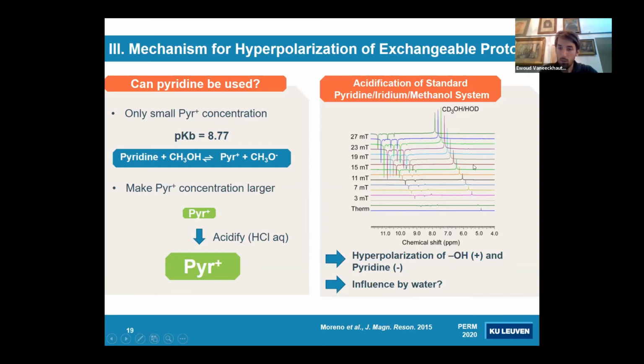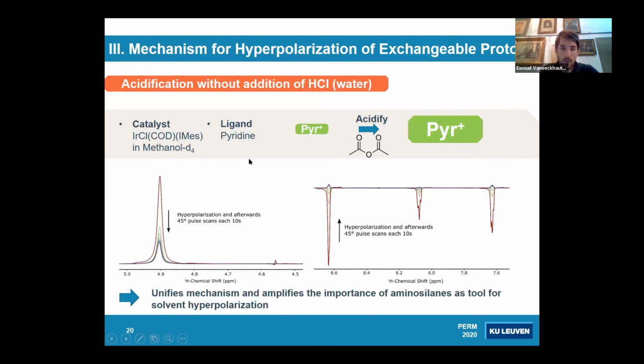But to prove that it was not water doing any strange things here, we tried to mimic the same experiment, but instead of adding HCl in an aqueous solution, we added a tiny amount of anhydride, which dissociates to acetic acid, so without any water in it, indeed making the pyridinium concentration much higher in our system.